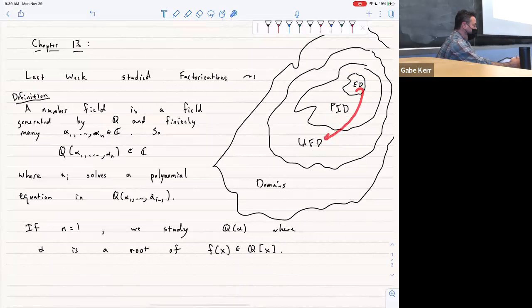What that means is that this is a UFD. And so in particular, if we have alpha as a root of f of x, then we can find an irreducible factor of f of x for which alpha is a root. Is that clear? Let's just make sure.